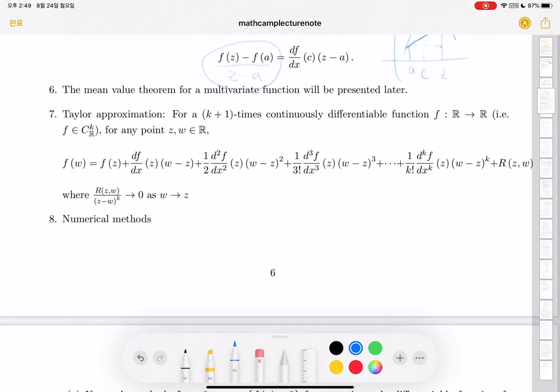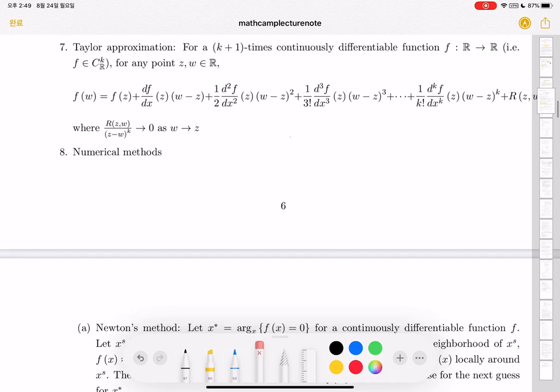Okay, Taylor approximation. For any continuous function f, the idea of Taylor expansion is this. So this is your real line, this is your function, and you don't know what this function is.